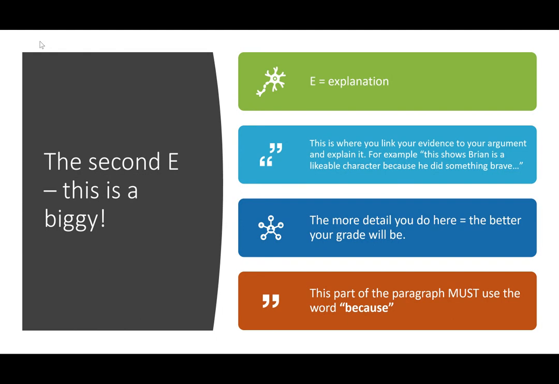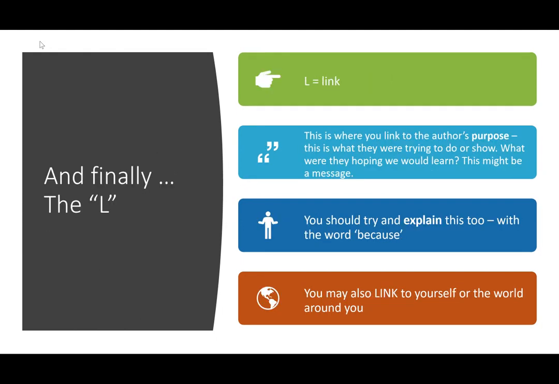Okay, last bit of the paragraph is a link. So this is where you link to the author's purpose. This is what they were trying to do or show. So you think about it, the writer is writing a story or a poem or a short story or a film, but they're not just doing it for entertainment only. They're trying to show us a message or make us think about something. So that's what you're trying to think.